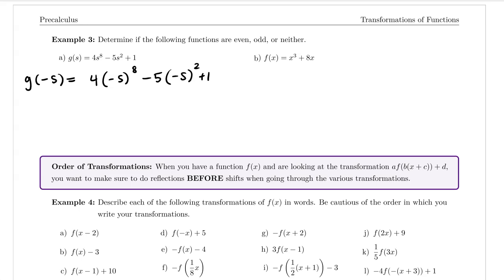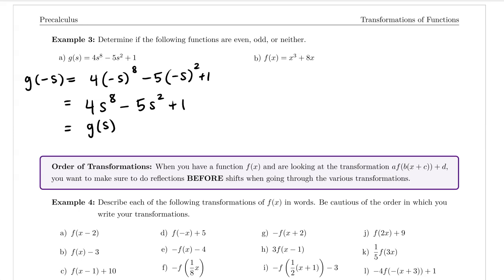Okay, so both of our exponents are even, and when you raise a negative value to an even power, what happens is the negative sign disappears. So this is equivalent to 4s to the 8th power minus 5s squared plus 1. And if you'll notice, this is the exact same function that we started with.